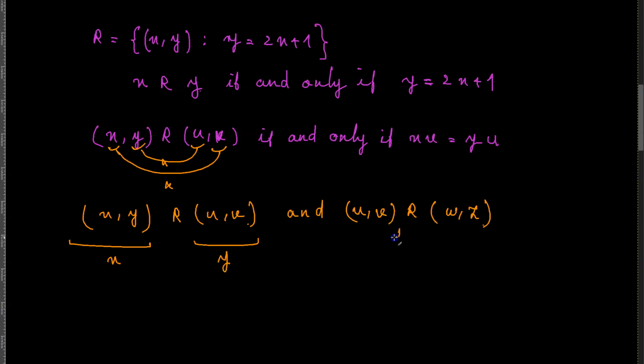Again I have the same middle element y, and some other element, which I can call z. So x is related to y, and y is related to z, which has to imply that x is related to z, which means (x, y) is related to (w, z).